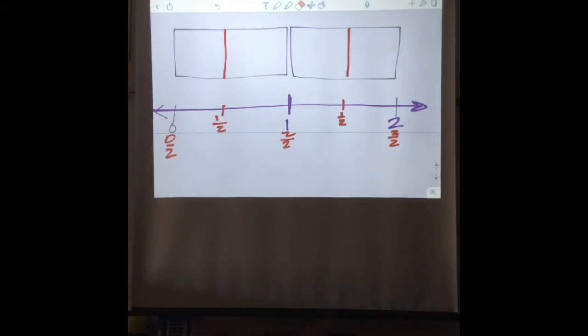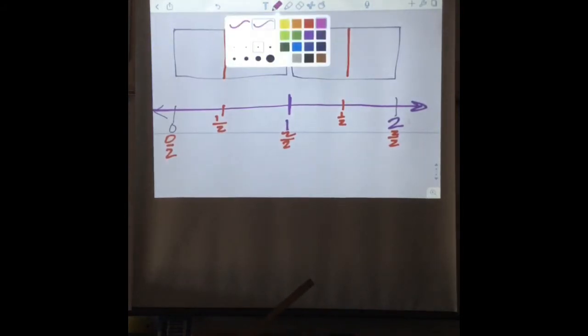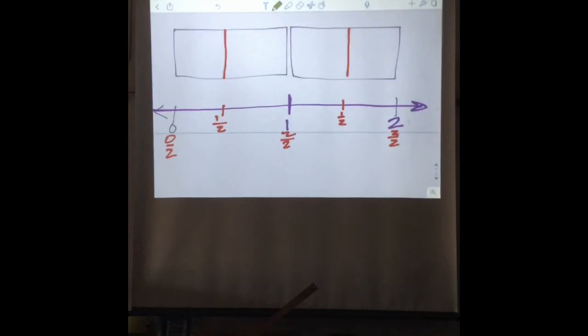Let's break it up into fourths, shall we? I'm going to turn these into the green ones. Okay, so I've got this one here. A fourth is what? A half of a half, that's right. So we're cutting our halves in half, and that's going to give us, what's our bottom number going to be? Let's find out.